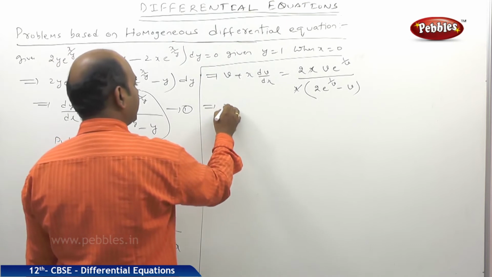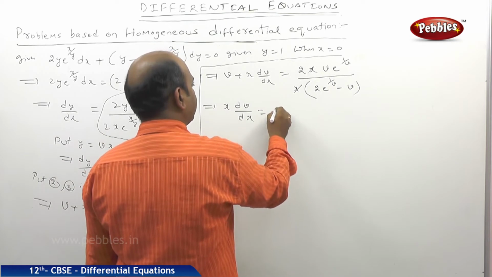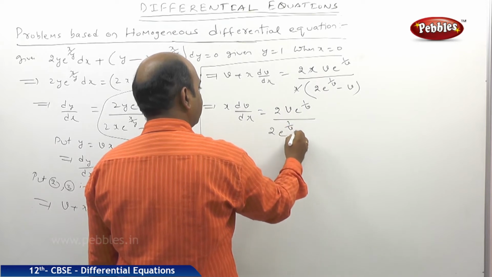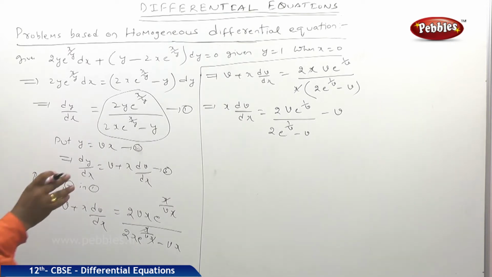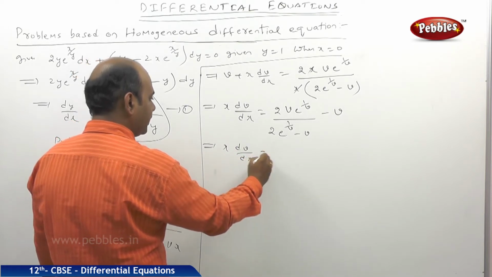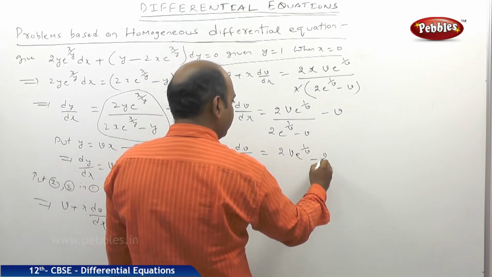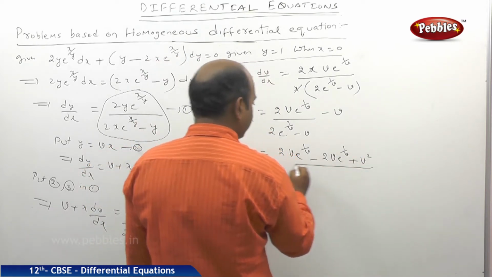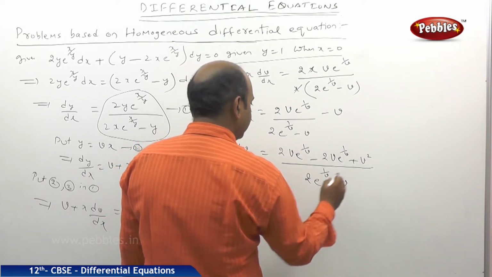So v I can send to that side. So x into dv by dx is equal to, what happens, 2v e power 1 by v minus 2 e power 1 by v minus v, and here minus v. I think you are clear. So later what happens, x into dv by dx is equal to 2v e power 1 by v minus 2v e power 1 by v plus v square divided by 2 e power 1 by v minus v.